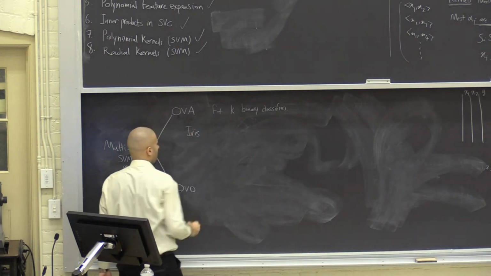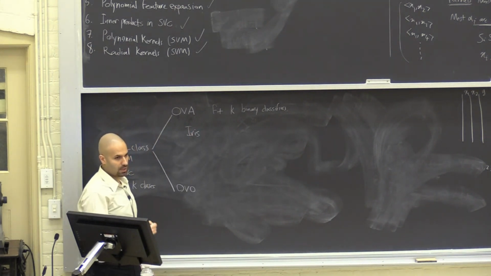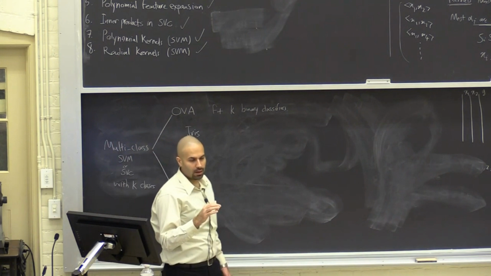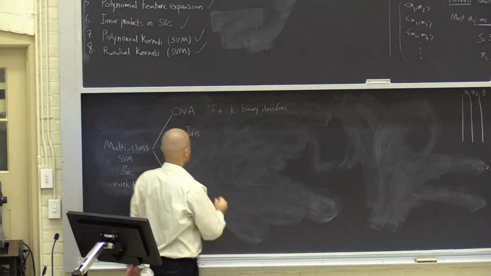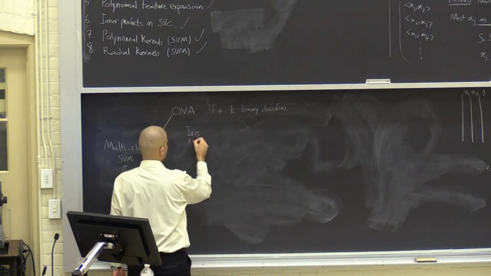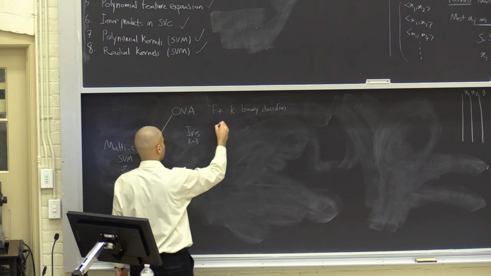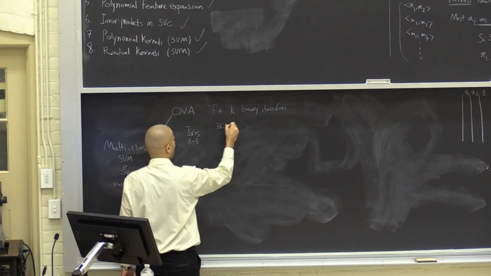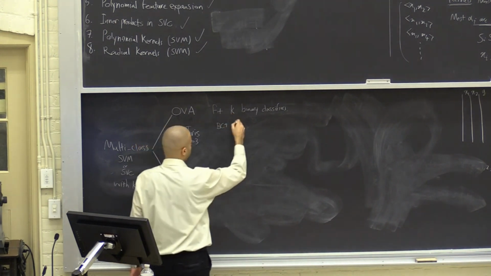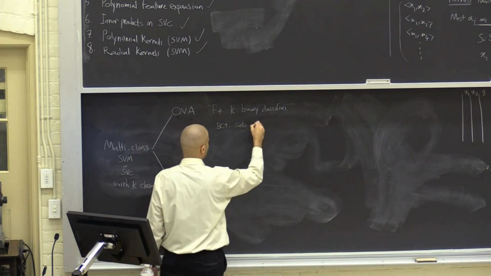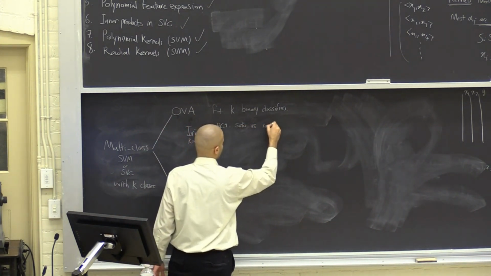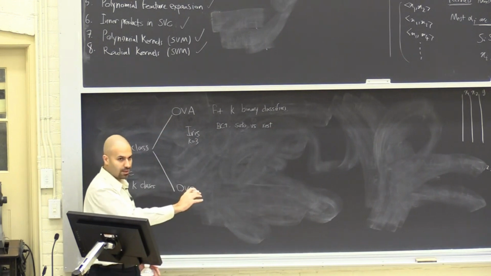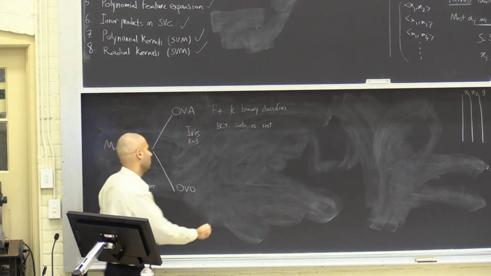So you may remember that with the Iris dataset, we had 3 classes. We had Setosa, Versicolor, and Virginica, right? So with the Iris dataset, k is equal to 3, so we need to fit 3 binary classifiers. Binary classifier 1 is going to distinguish between Setosa versus rest. So Setosa versus Virginica and Versicolor combined.